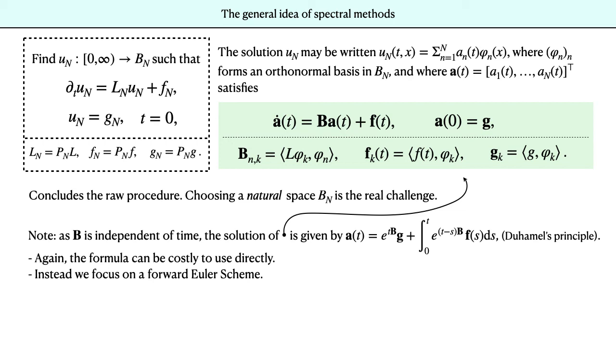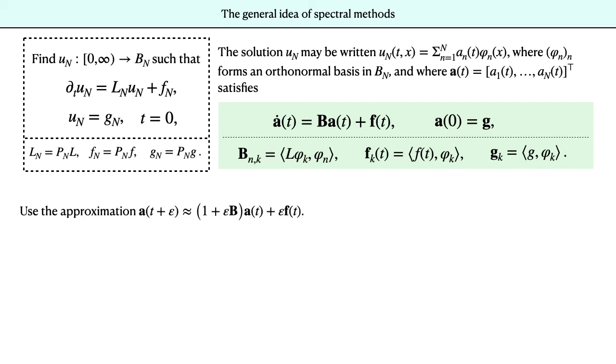We're going to use a forward Euler scheme, which typically is just as good as Duhamel's principle is expensive. So to solve this equation, we use a forward Euler scheme, and a forward Euler scheme would be something like this: that small step forward is roughly just the derivative multiplied by that small step forward.